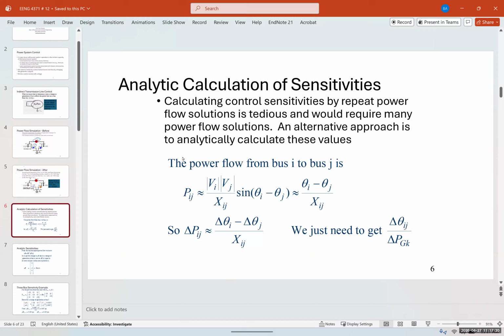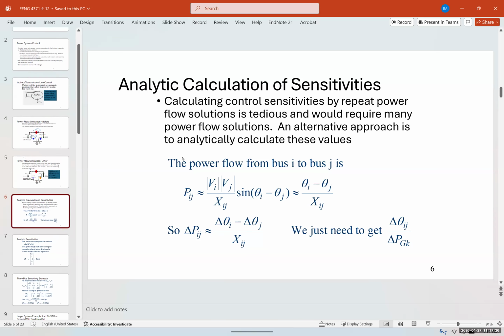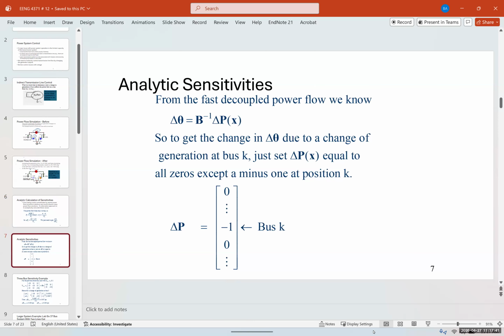These are the equations that we use for the power flow from bus I to bus J. We want to find delta theta over delta P. And why do we have delta P_G,K? Because we can only control the generation side again. Now, here's the math behind it.